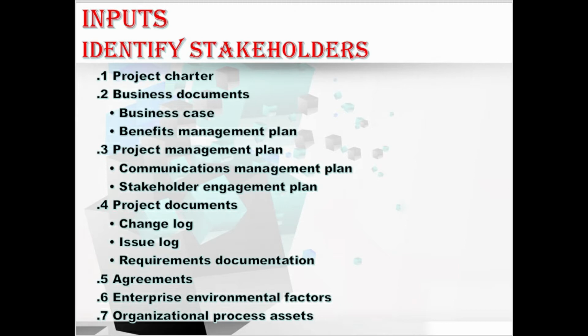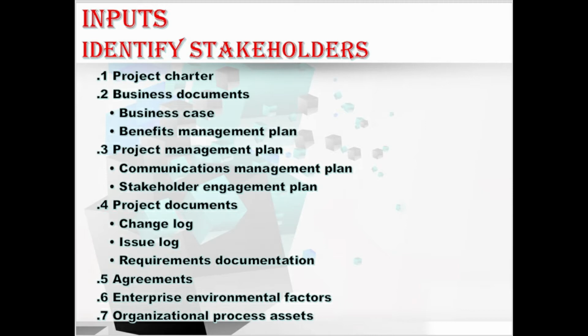Moving to the next input, we have business documents, which contain the business case and the benefits management plan. Let me explain these two documents, first with the business case. The business case identifies the project objectives and identifies an initial list of stakeholders affected by the project. Moving to the benefits management plan.